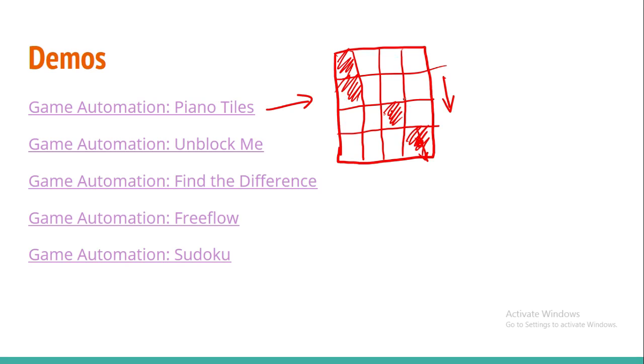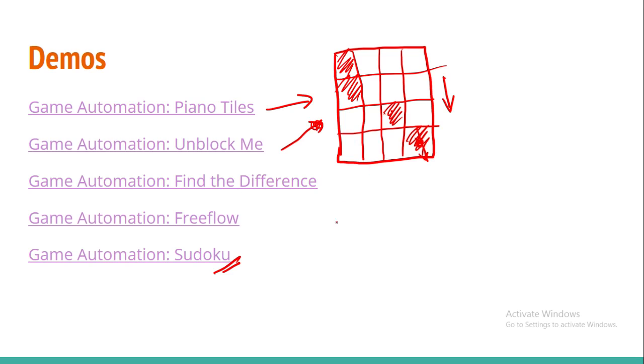This is one of the games that can be automated using the techniques that we are going to cover in this video. There are a number of other games, and I think this technique is especially effective for puzzle games.